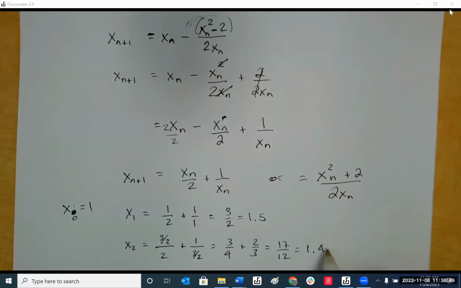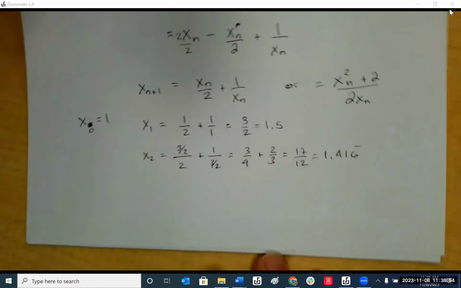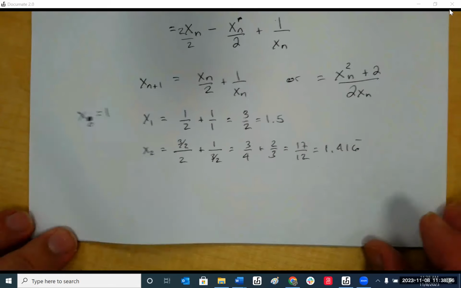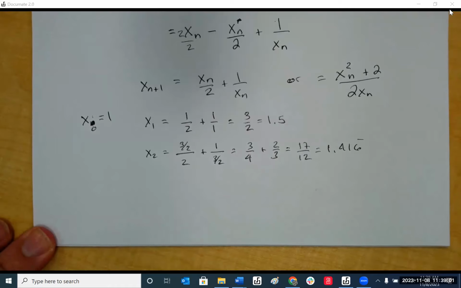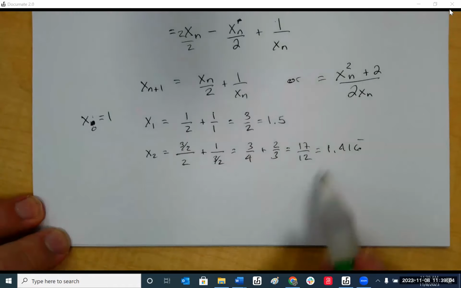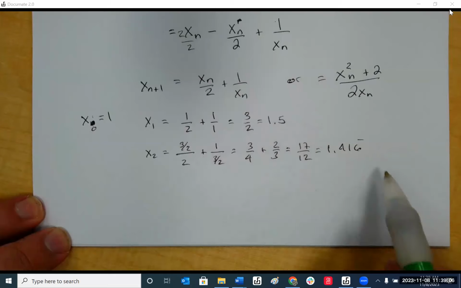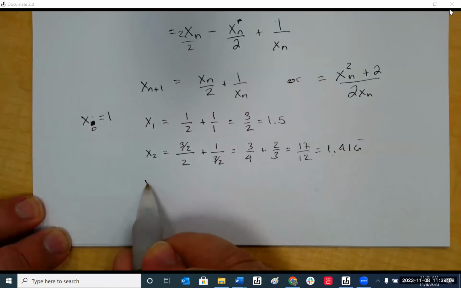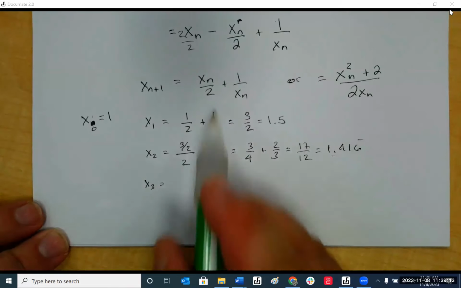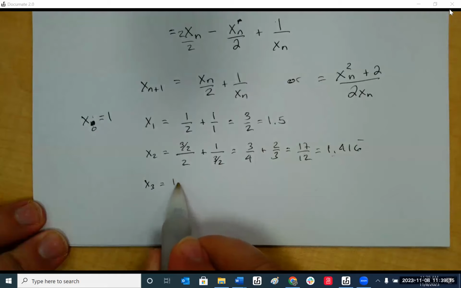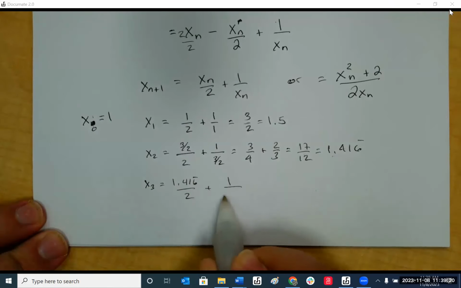Four, one, six, six. So you see, from here on out, using a calculator is the way to go, because instead of putting them in fractions and just getting more ugly, we'll just plug those in there. So x sub 3 equals 1.416666 over 2 plus 1.14166666.